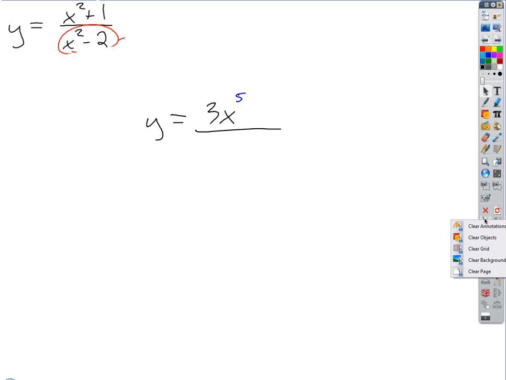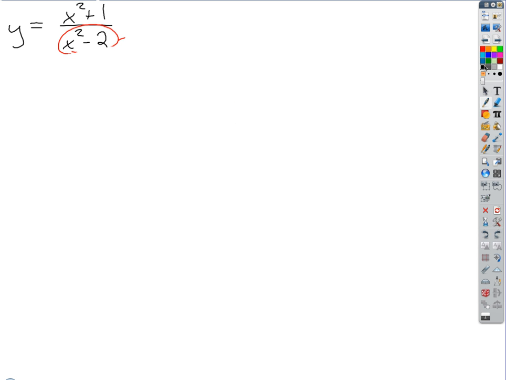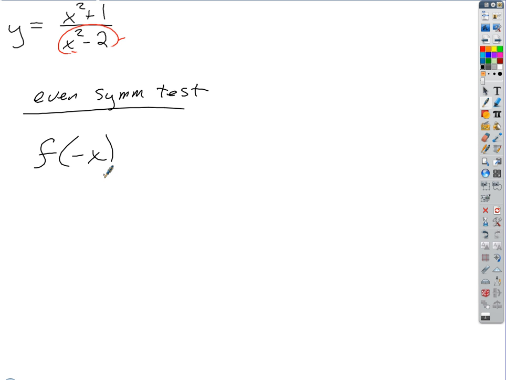Just real quick, let's remind ourselves, what is the test for even symmetry and odd symmetry? Even symmetry test, and it's always this: what's going to happen if I evaluate the function at the opposite of x?